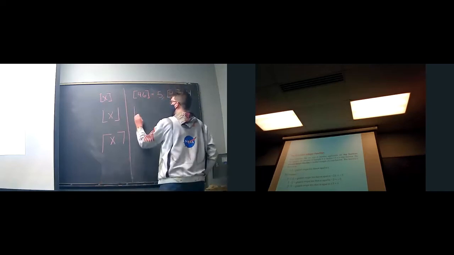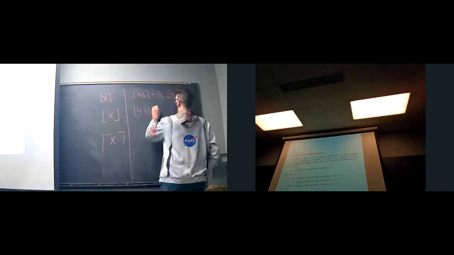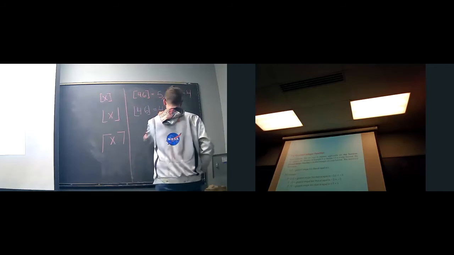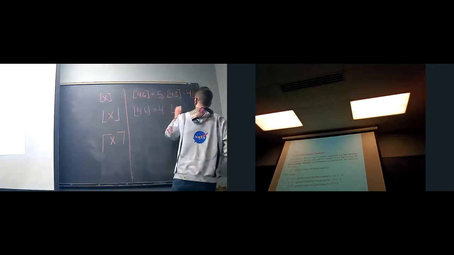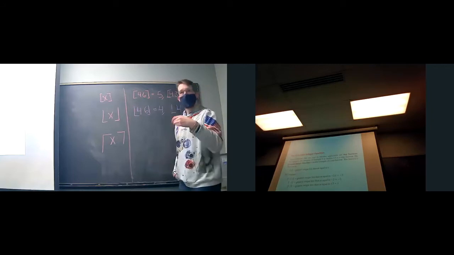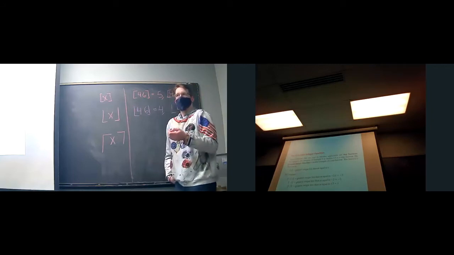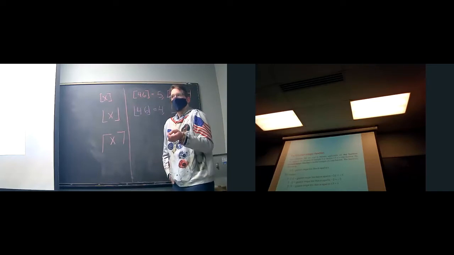The floor function of 4.6 will give you 4, and of 4, well, it rounds it down to the nearest integer. The nearest integer to 4 is 4.